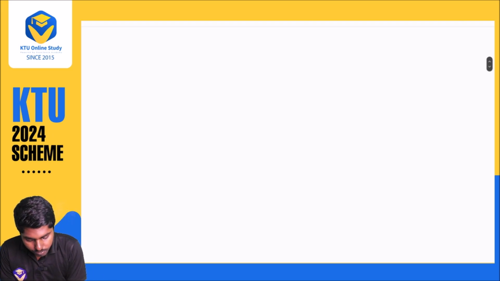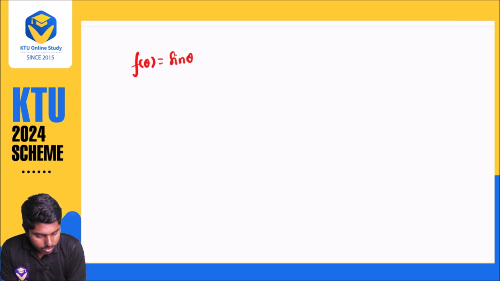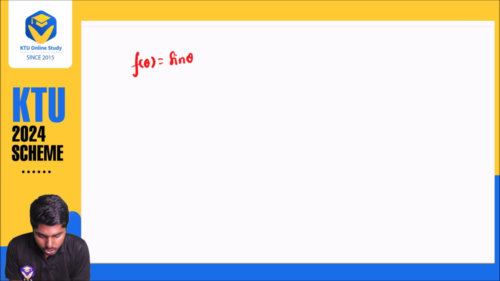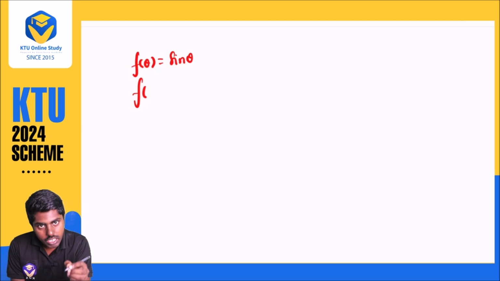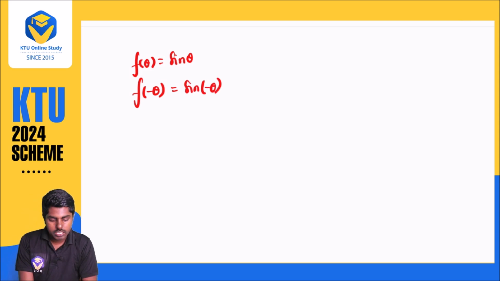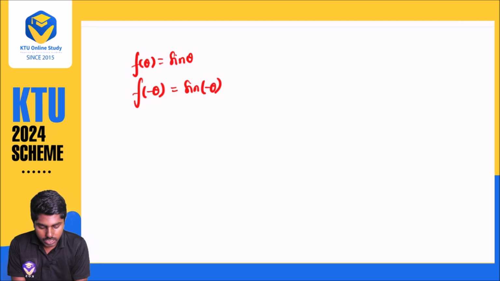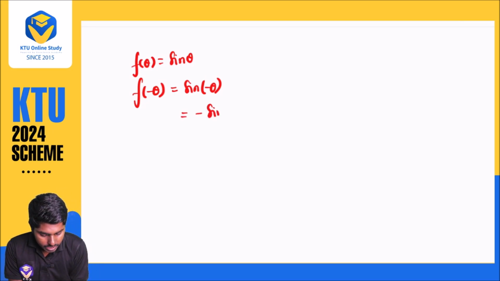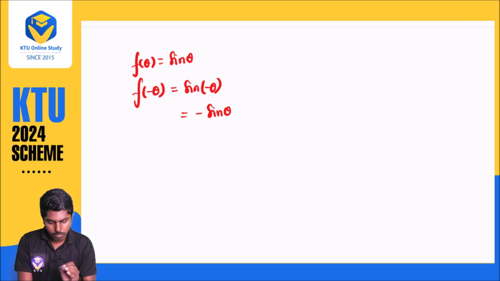Similarly, let f of theta be sin theta. If I replace theta with minus theta to identify whether it is an even or odd function, we get sin of minus theta, which is nothing but minus sin theta.